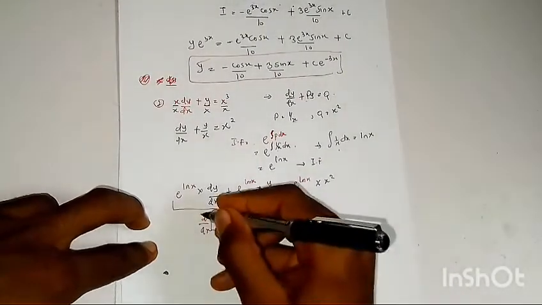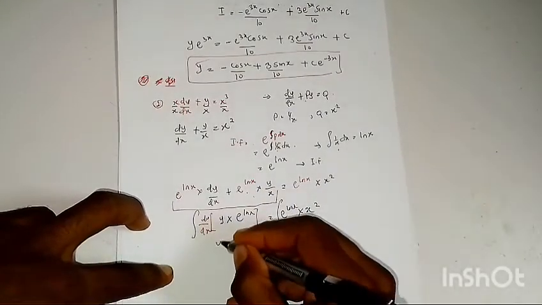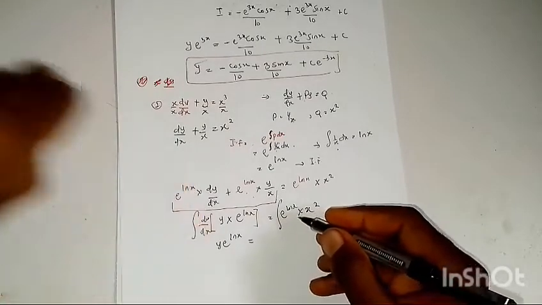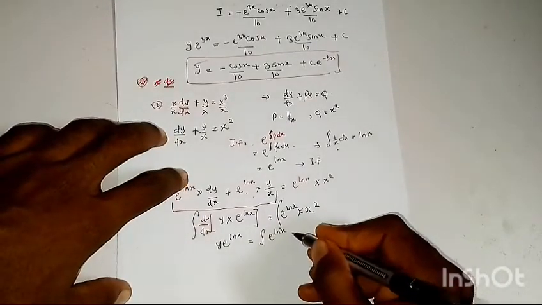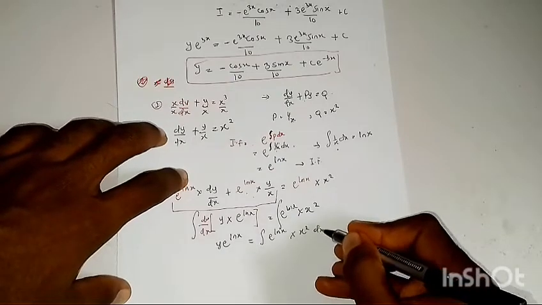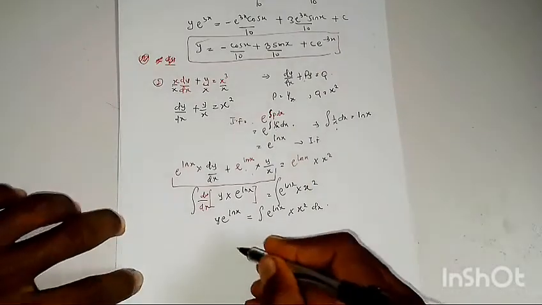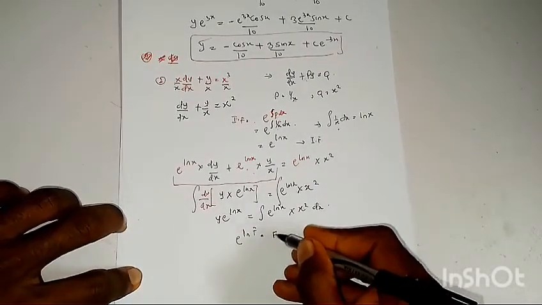Then we integrate both sides. So we have y times e raised to ln x equals the integral of e raised to ln x times x squared dx. Now there's a rule that says e raised to ln f is equal to f.